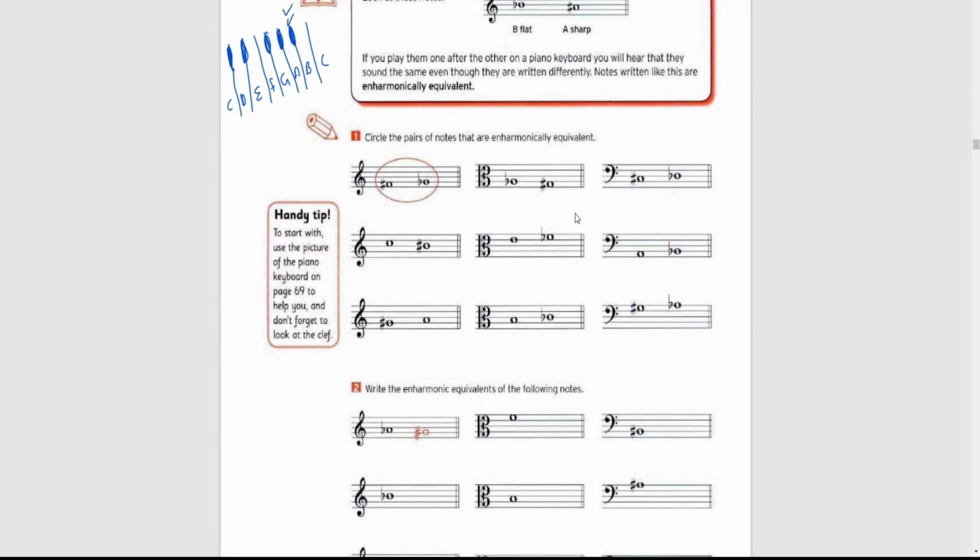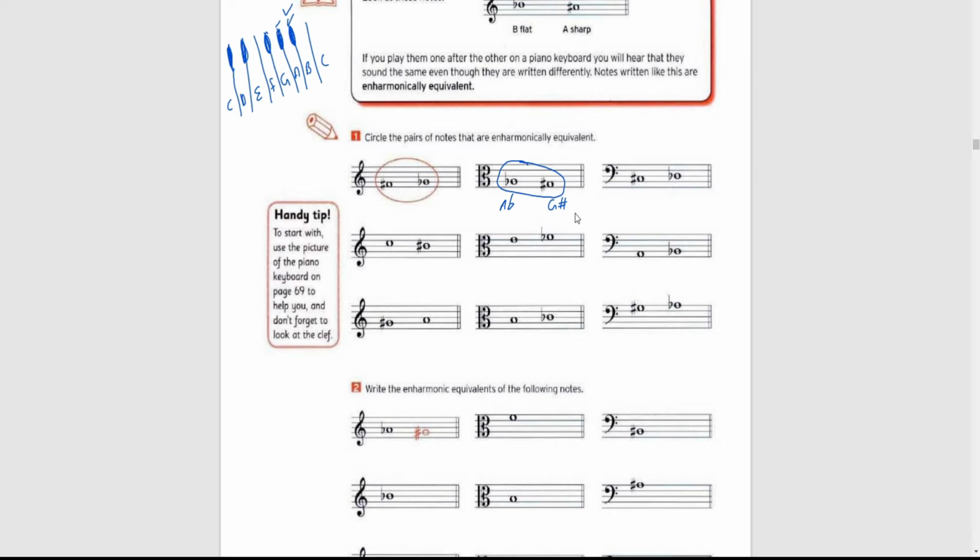This is C, B, A. So this is our A flat, and this is our G sharp. On the keyboard, A flat is this black key, and G sharp is also this black key. So this is enharmonically equivalent.